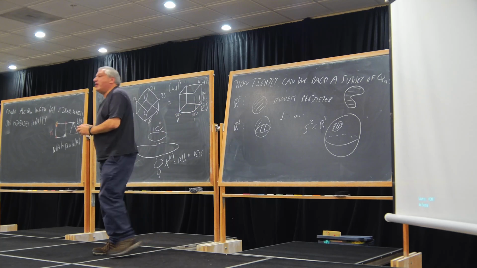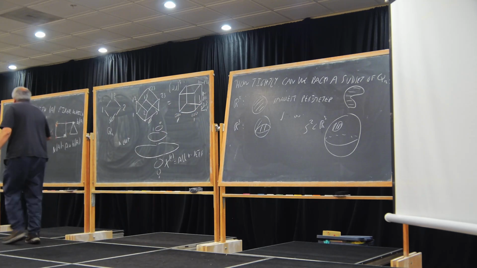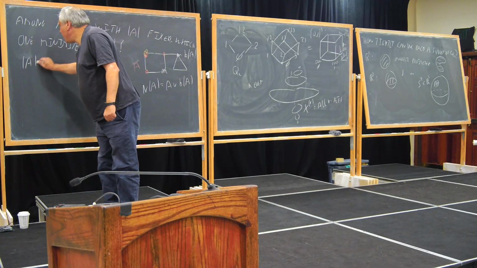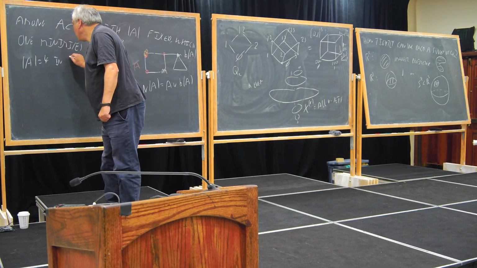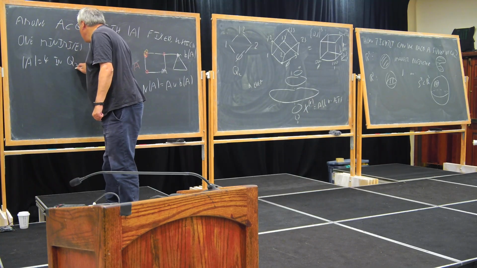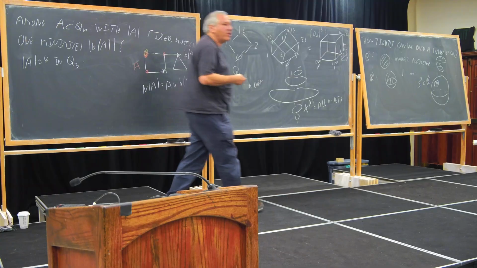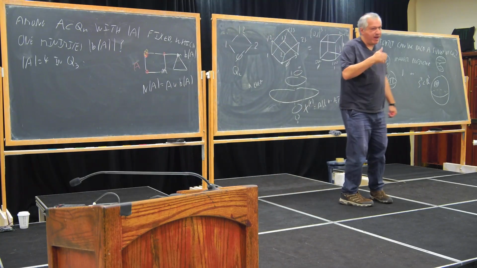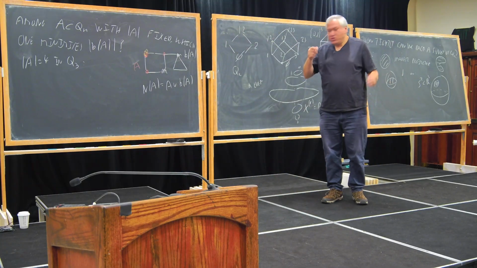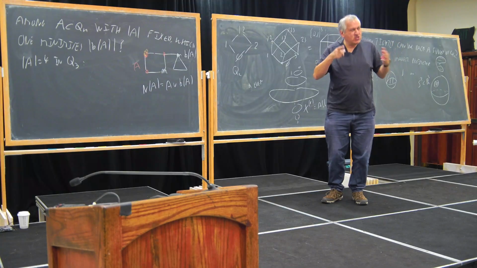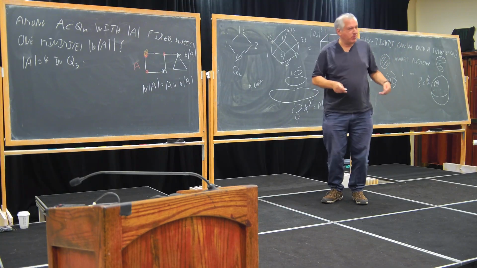So let's try an example here. Let's try, for example, size of A is 4 in Q3. So I'm asking you to take half of Q3 as tightly packed as possible, meaning boundary as small as possible. I think there are two obvious sets of size 4 in the cube for any problem.